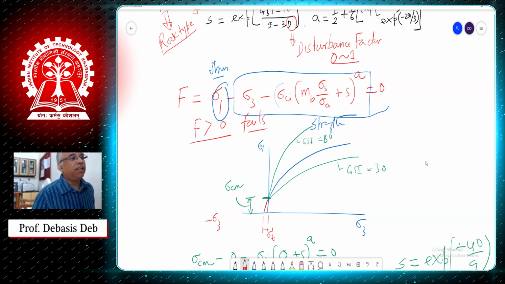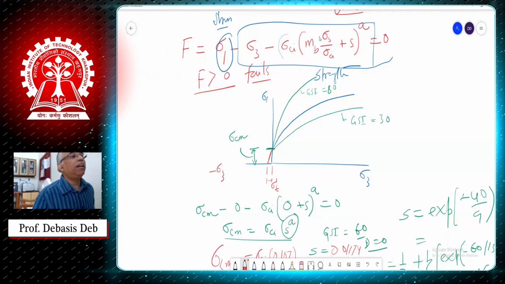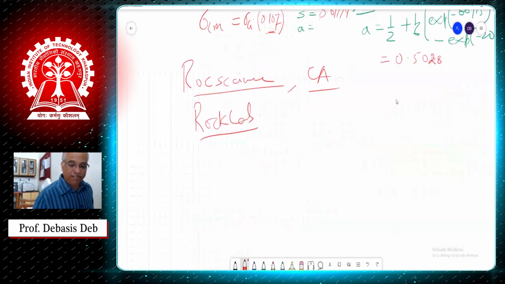Now, instead, if we consider this is a biaxial stress field, that means sigma 1 and sigma 3 are the same, then we can estimate this sigma 3, and this sigma 3 will come here, and we can call it sigma Tm. This is assuming sigma 1 and sigma 3 are the same.